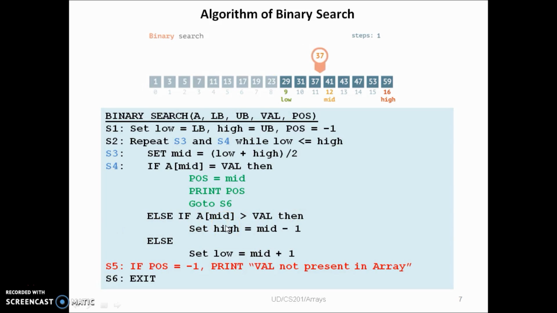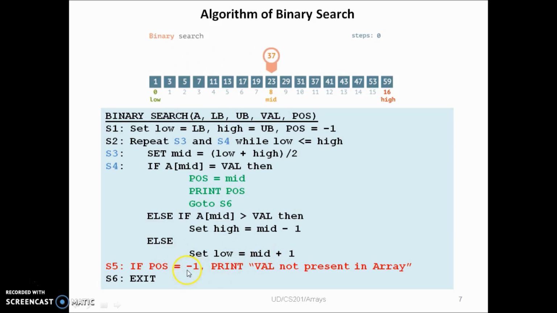And if that is not the case, so the mid element is less than val, then we know that the search value is expected in the right half of the array.